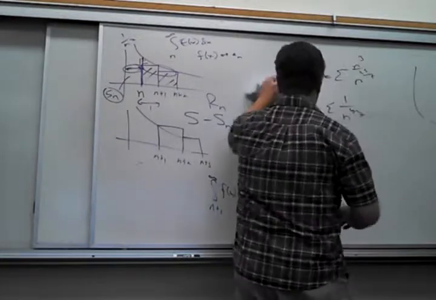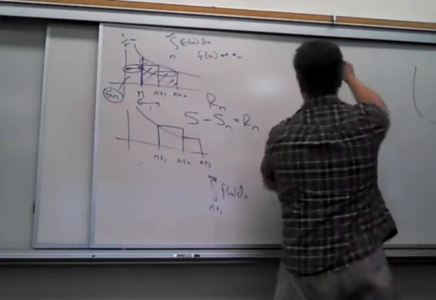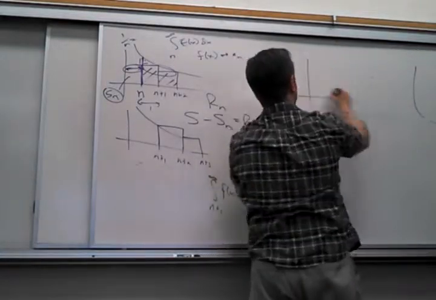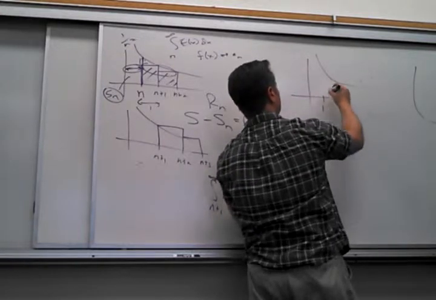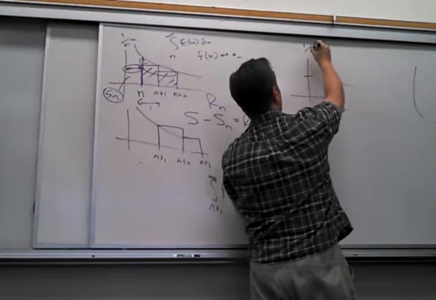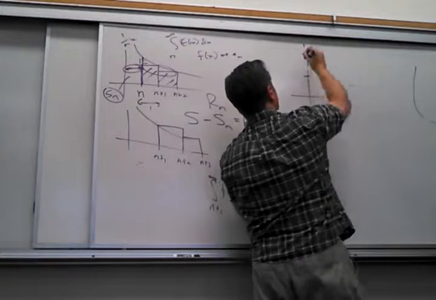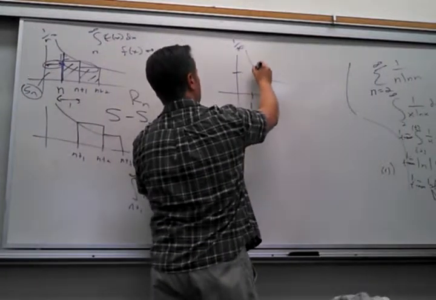When we first talked about using integrals to estimate from 1 to infinity, I wanted to point out that if this is 1 over n, or 1 over x, I guess, is the associated real function, then this would be 1 here.